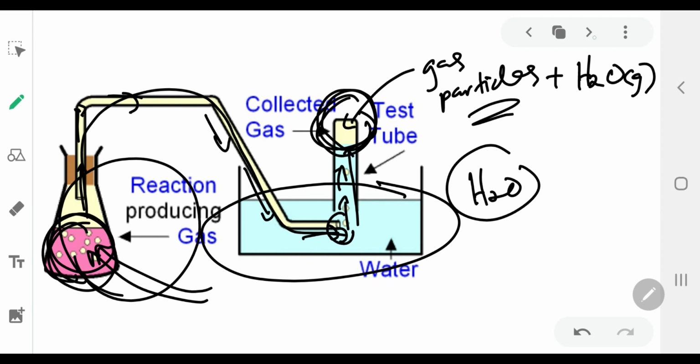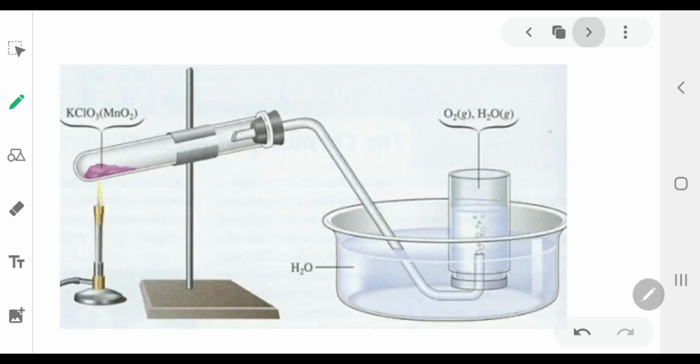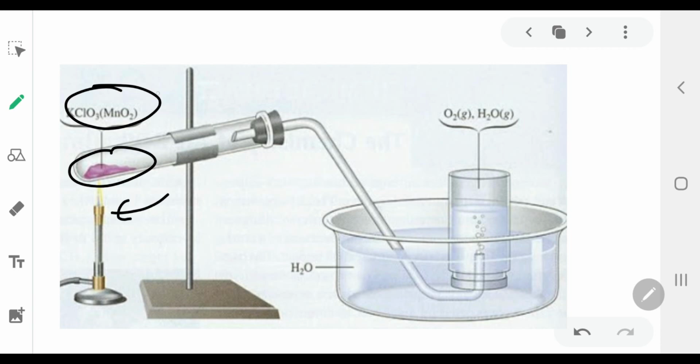Okay, so let's have a look at another diagram. Maybe this one will be a little bit more realistic looking. This is another setup. Instead of having two solutions mixing together, you can have a solid, like over here, and then you heat that up with a Bunsen burner, and that heating process will cause the reaction to produce oxygen gas.